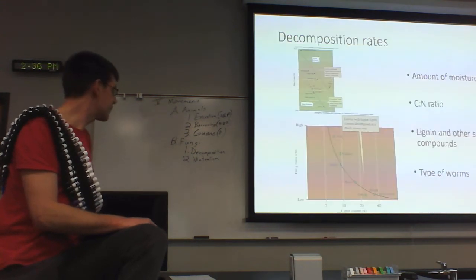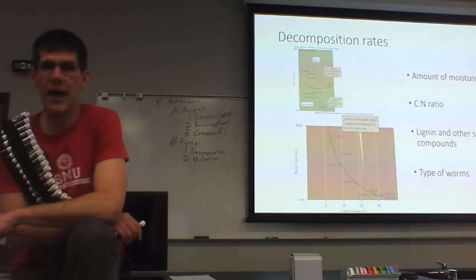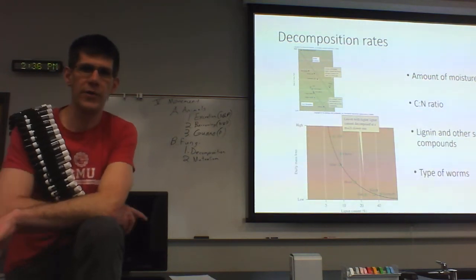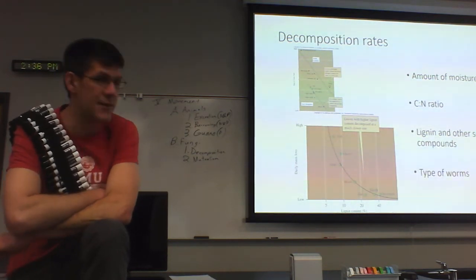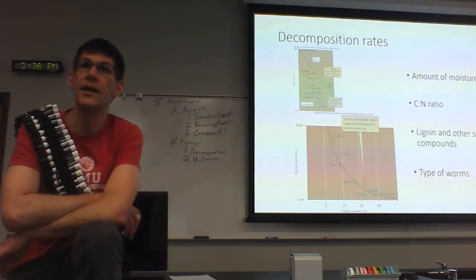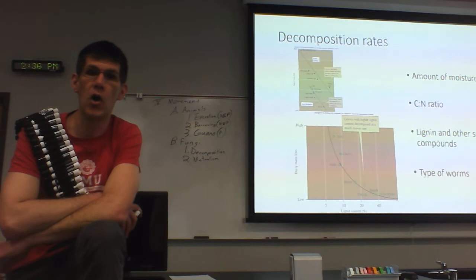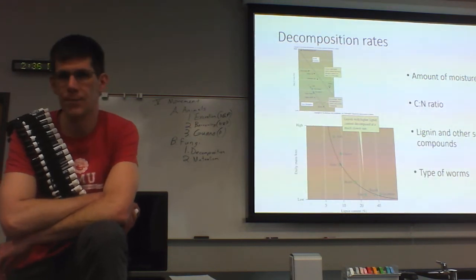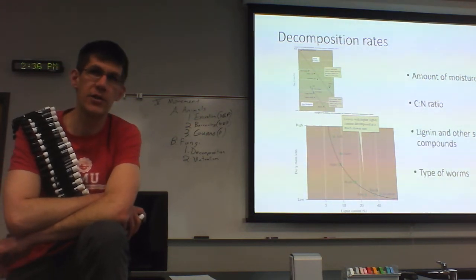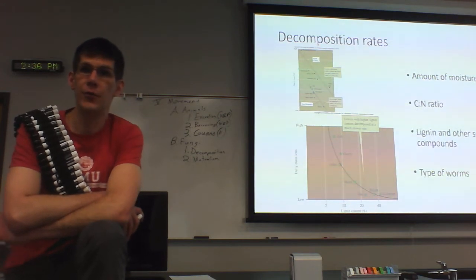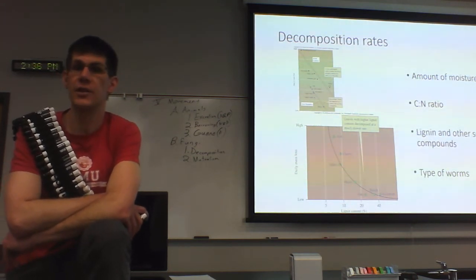Advanced slide. So I've been inconsistent about that. Decomposition rates, yeah. Amount of moisture does matter. The carbon to nitrogen ratio of what is being decomposed does matter. So wood has a higher carbon to nitrogen ratio than bark. Wood has a higher carbon to nitrogen ratio than food wastes. That's more nitrogen in it.